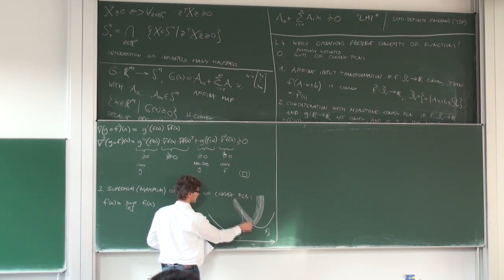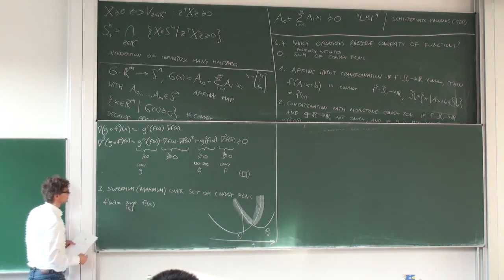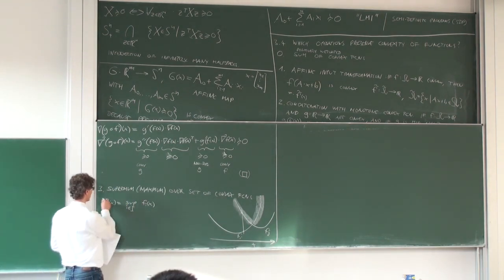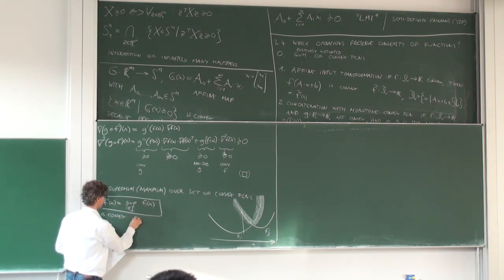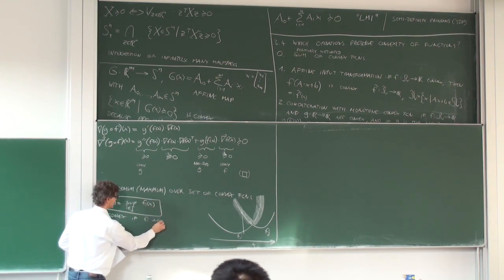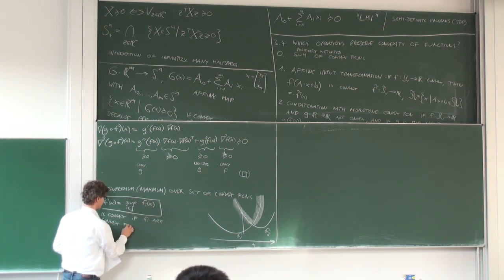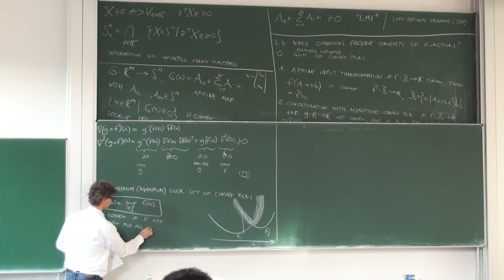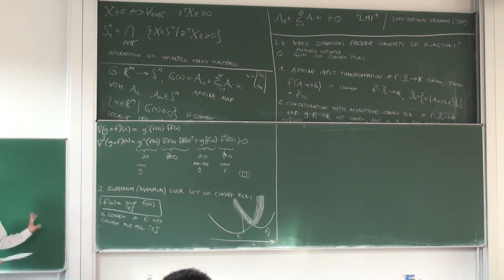Here, this function is the maximum, for example. So this function here is convex if f_i are convex for all i in the index set I. And again, this index set can be finite or infinite.